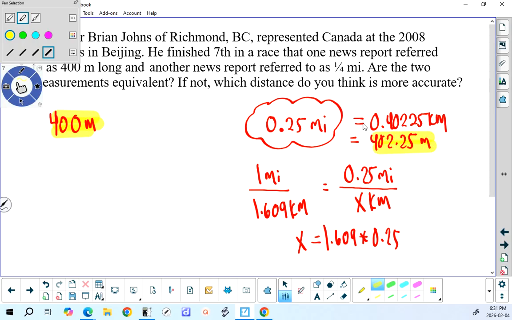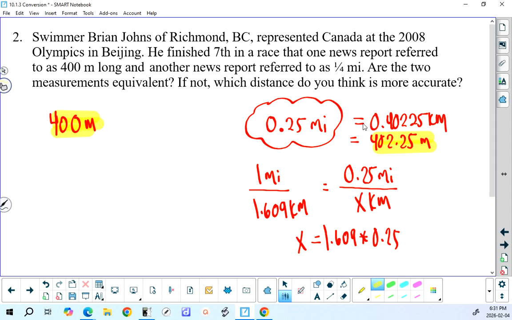Another one does that. Clearly they're not equivalent. They're close, but not equivalent. I would probably say the 400-meter one is the true value, because the Olympics have used the metric system for quite a few years now. I think maybe if you see a news report that refers to miles, it's probably from the States where they don't use the metric system.